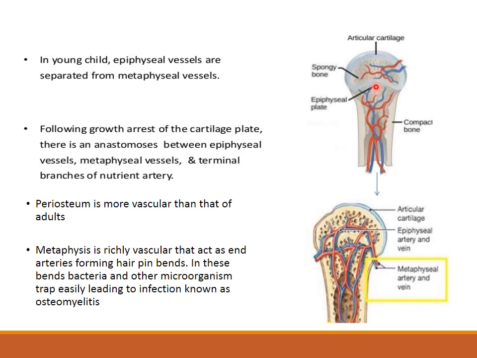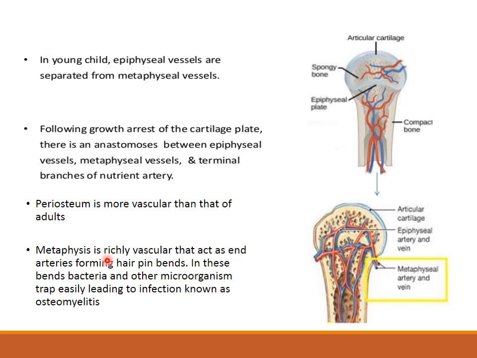Then there is the periosteum, and this periosteum is also having osteoprogenitor cells helping in the bone formation and in the bone growth. So the periosteum is also very vascular as compared to the adults. And the number 4 component, the difference between the mature and immature long bone, is that metaphysis is also highly vascular.